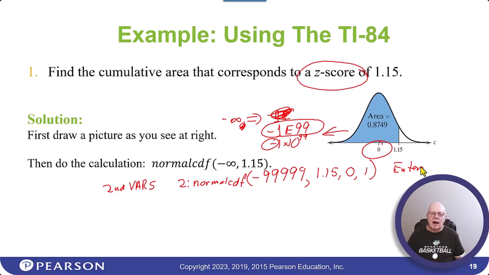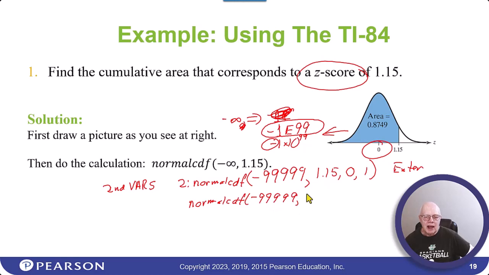Now, one other thing I need to tell you, because someone else might do it differently, or you might accidentally do it differently and get the right answer. If, when you're doing this, you go to normal CDF, and you happen to put negative 99999 like me, because it's easy to type, and you put that upper bound as 1.15, what if you forget to put in the 0 and the 1?